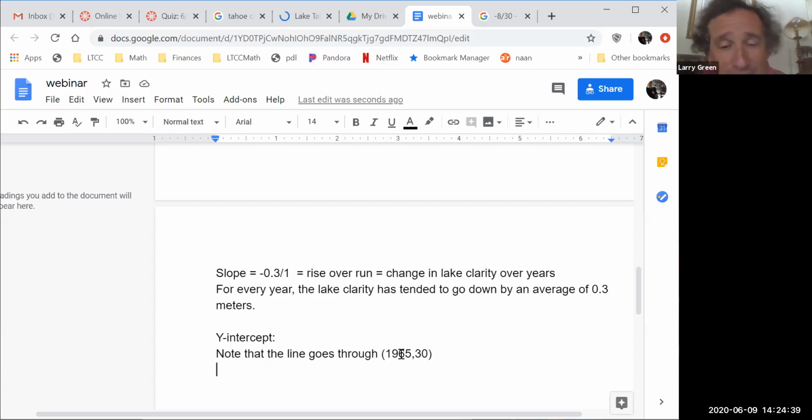Okay. But we know the line goes through that point. We know the slope was negative 0.3. So we can say that if you remember, y, and y is 30, is equal to a plus b, which is negative 0.3. So I can write minus 0.3 times 1965. Any questions on that?